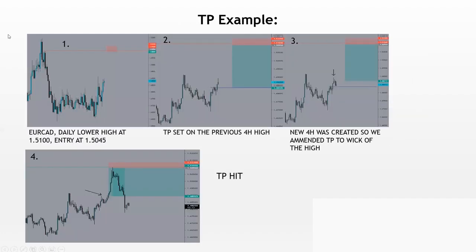You can see here, example number 1, top left. This is Euro CAD. There's a daily lower high at 1.5100. So now what we are going to do is enter, and I've drawn the number wrong here. If price is at 1.51, we are going to enter at 1.50, and that's meant to be a 9, so 1.509.5.